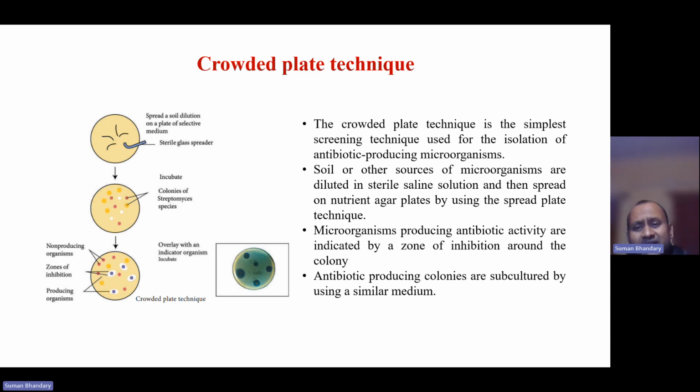And a rough estimation of the relative amounts of antibiotic produced by the microbial colony can be made by measuring the diameter of the zone of inhibition of the test microorganism.